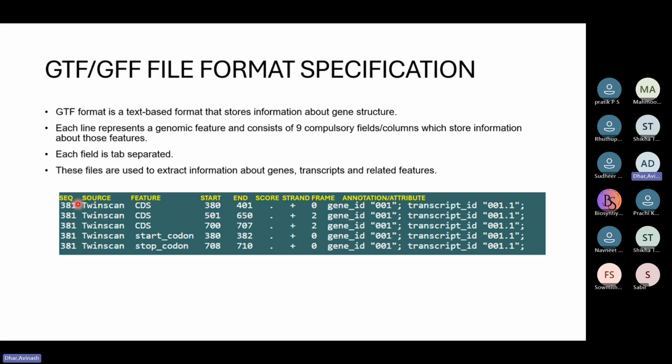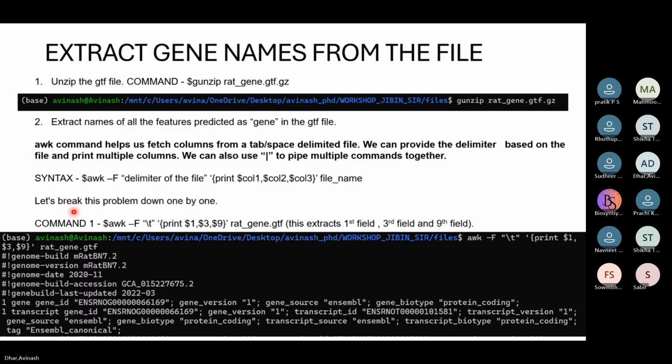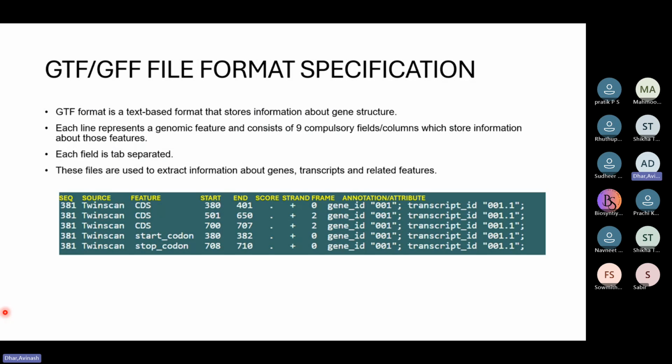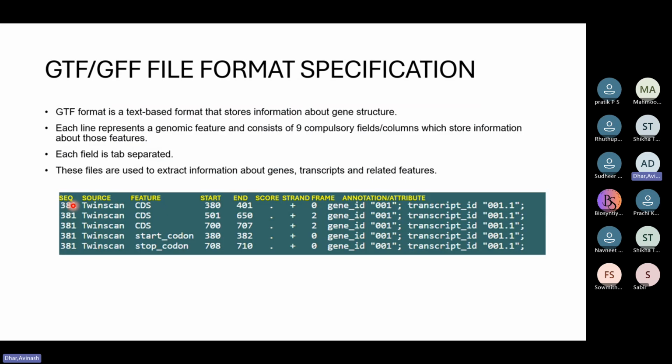So you would have CHR9, CHR10 written here. Like for example, here you have 1, so it's chromosome 1. Okay, second column is the source.